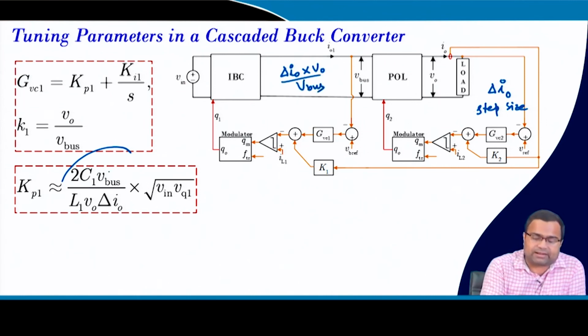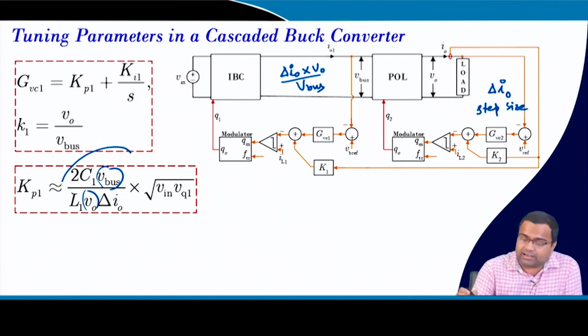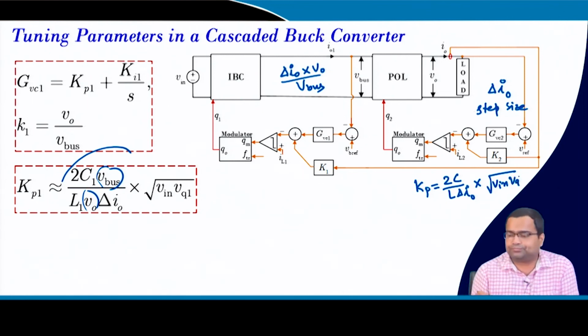That is why this factor V0 by V bus is coming, because for a normal buck converter we know Kp is 2C by L delta I0 into V in into Vq.